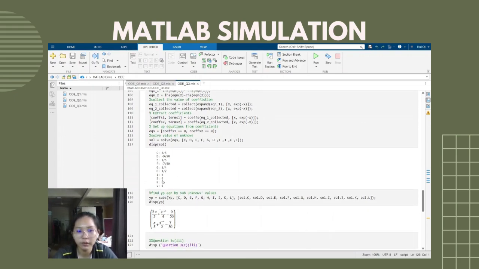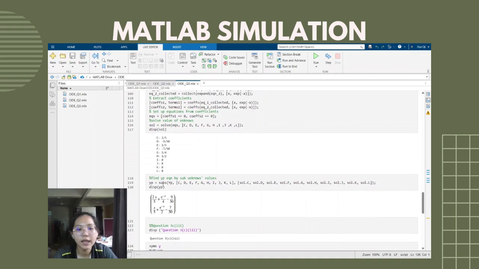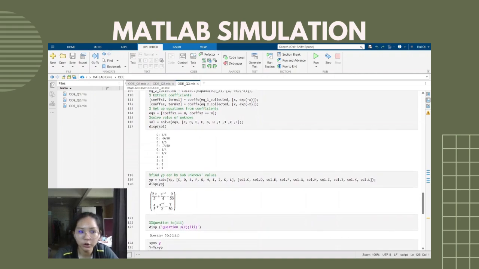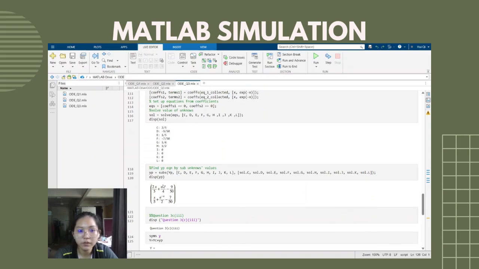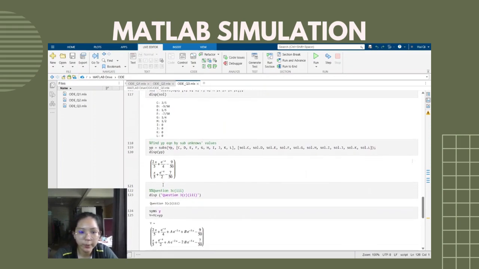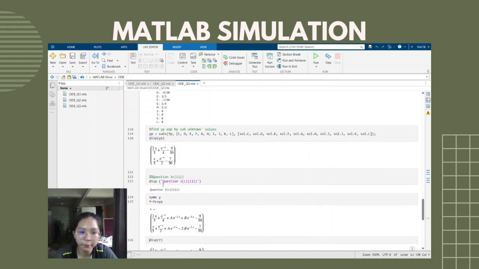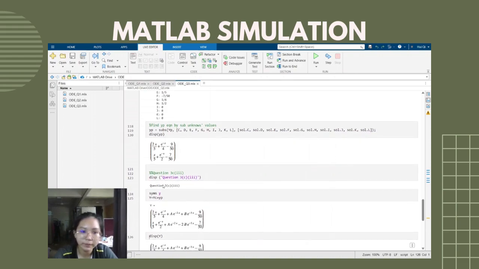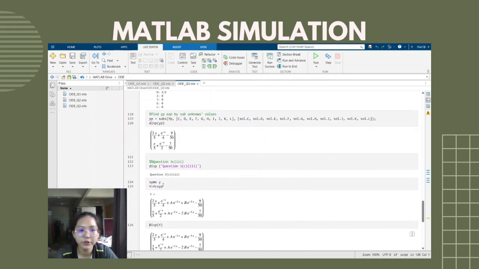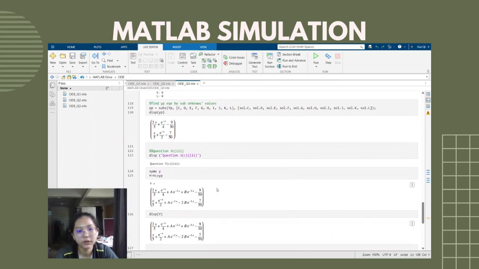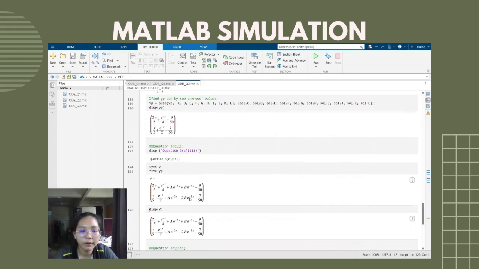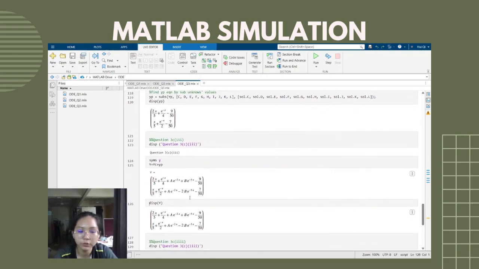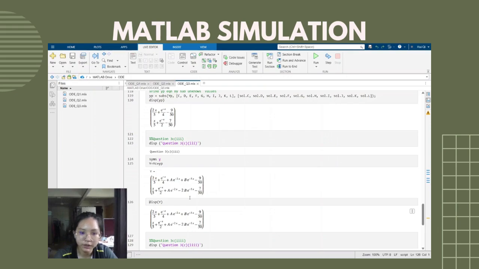And now we can sub in the values of the unknowns into our yp assumed solution and get the solution of yp. For 3C3, we are required to find the solution of y, where y equals to yc plus yp. If the yp value is equal to this, now we have only unknowns a and b.